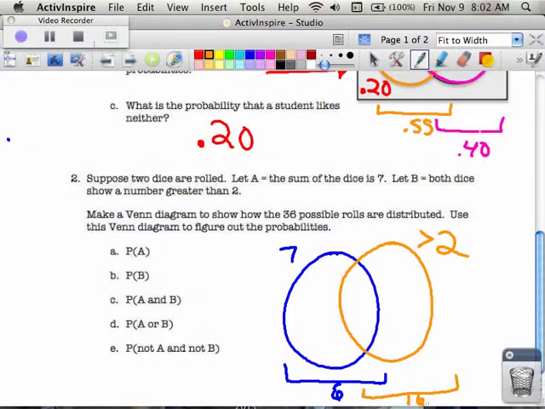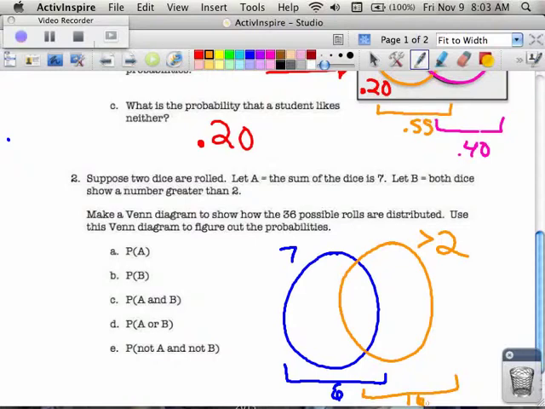that could happen. But how many ways are there where both it's a 7 and bigger than 2? For example, it can't be 6 and 1 because one of the die would be a 1. So that's not okay. So it has to have a 3, 4, 5, or 6 only.